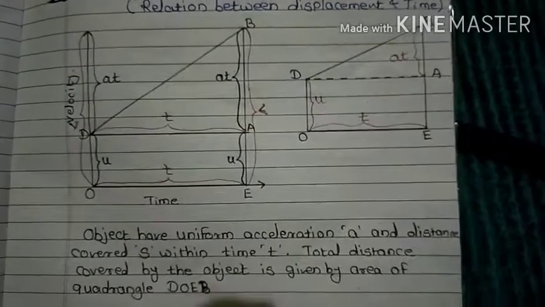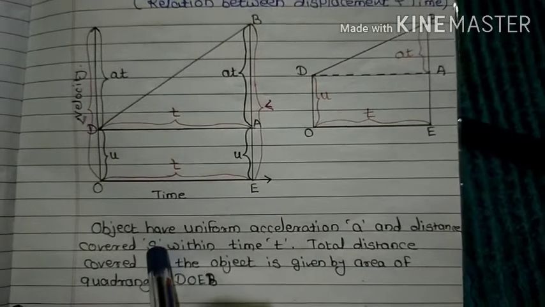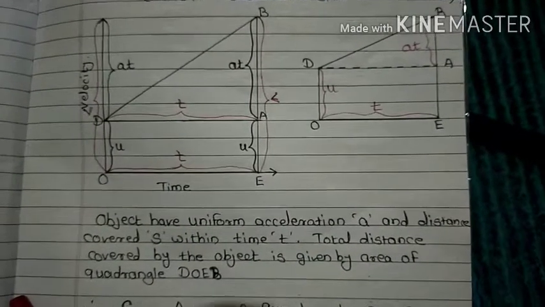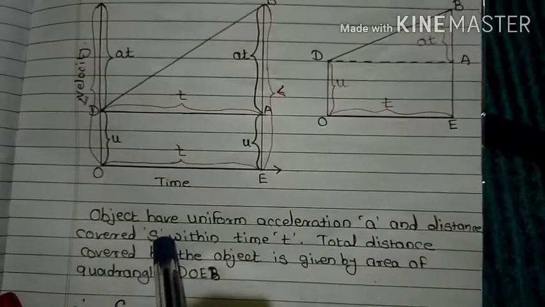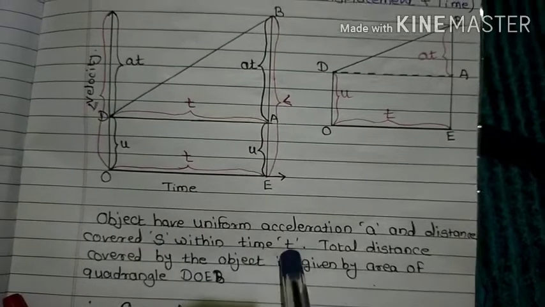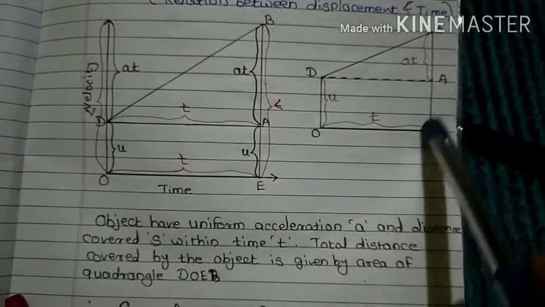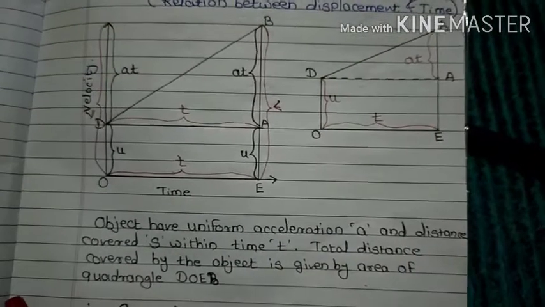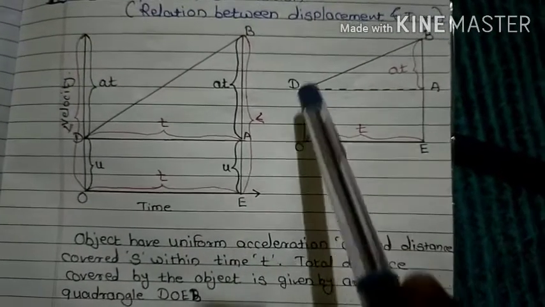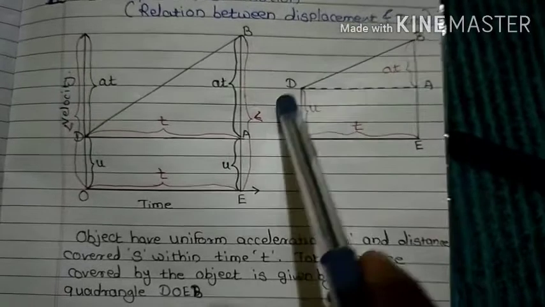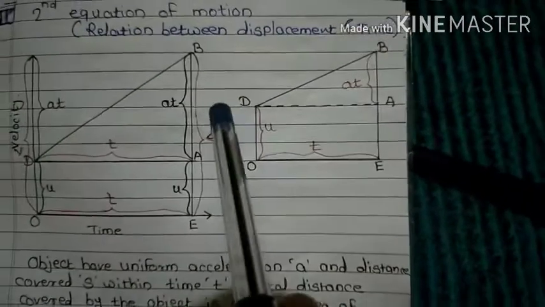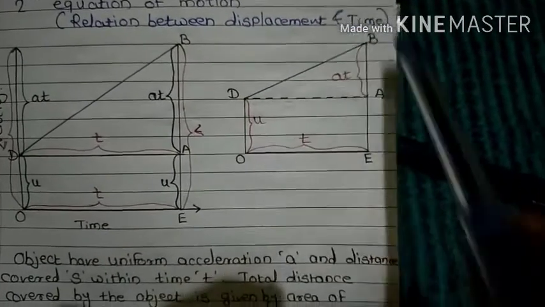and the distance covered by the object is s, that means the object travels in a specific direction, that is s, within a time period t, then the total distance covered by the object is indirectly the area of this quadrangle. Which quadrangle? DOEB.